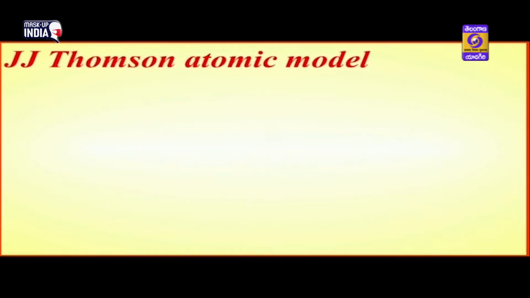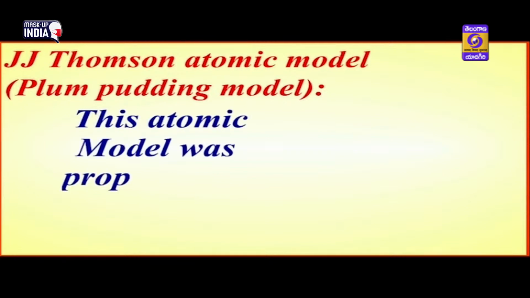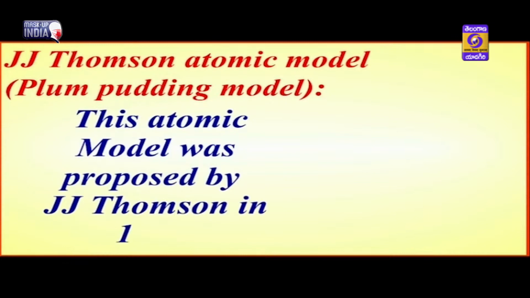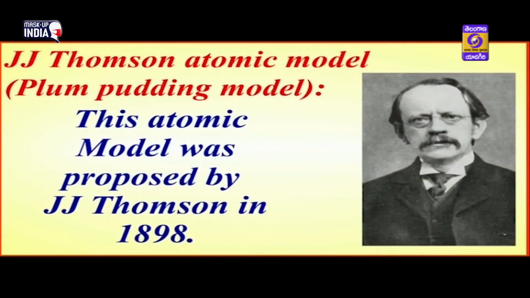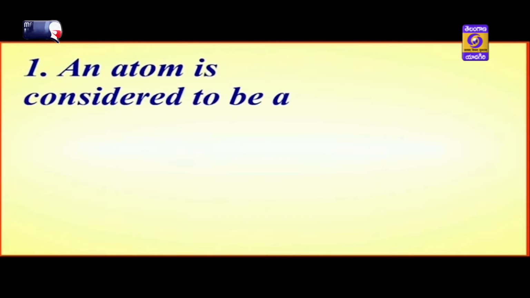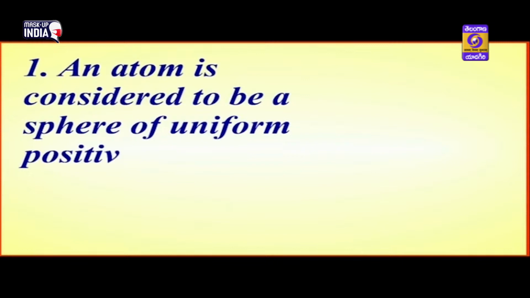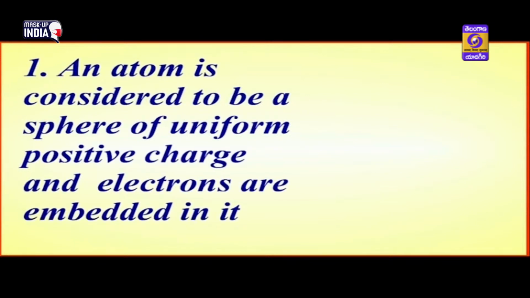J.J. Thomson atomic model or plum pudding model. This atomic model was proposed by J.J. Thomson in 1898. According to this model, an atom is considered to be a sphere of uniform positive charge and electrons are embedded in it.